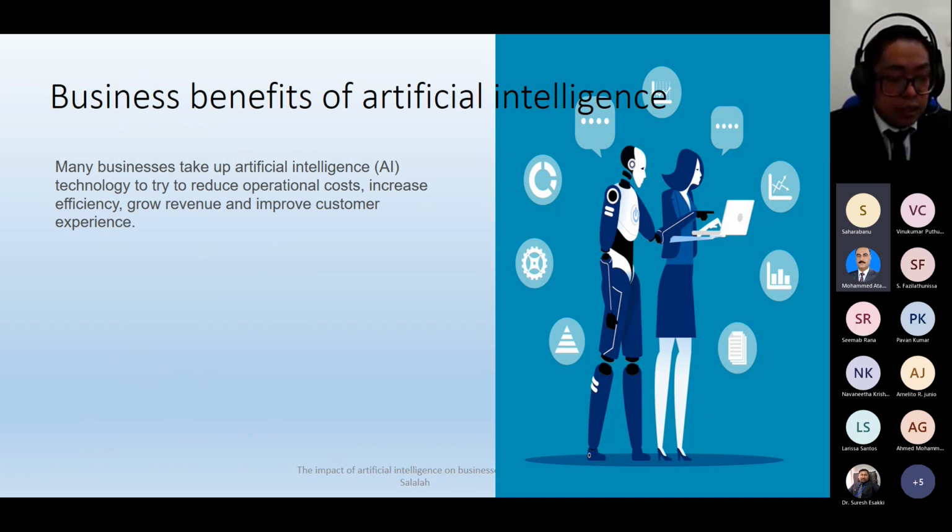Whatever the reasons for considering AI, AI has a potential. Indeed, there is a potential, and if there are some changes in the way the business operates, many businesses will take up artificial intelligence technology to try to reduce operational costs, increase efficiency, grow revenue, and improve customer experiences.